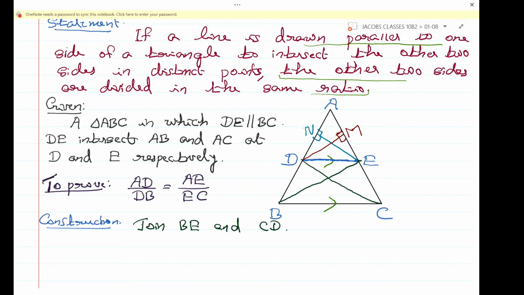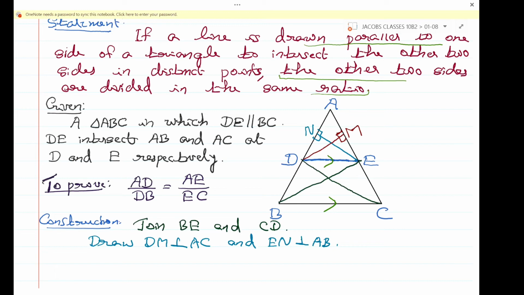So DM perpendicular to AC, and you will write here: draw DM perpendicular to AC and EN perpendicular to AB.